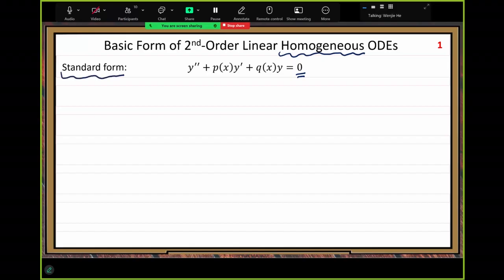Then you have a y prime term, and its coefficient is a function, p function. Then the y term, its coefficient is the q function. But other than those three terms, the remainder is 0. So that's the homogeneous version.